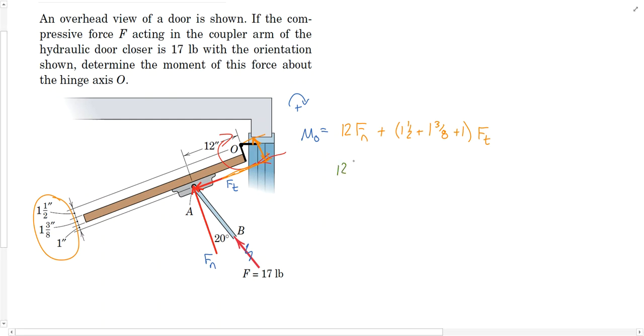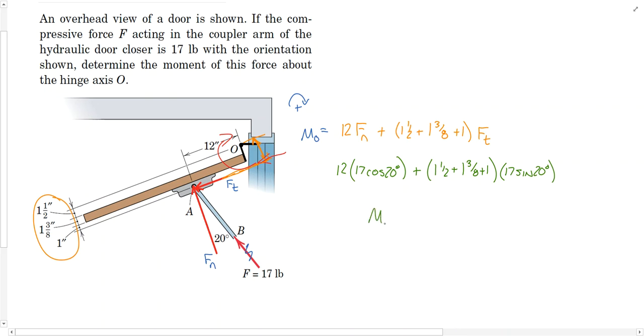So this is 12 times Fn, which is 17 times the cosine of 20 degrees, plus 1.5 plus 1 3/8 plus 1 times Ft, and Ft is 17 times the sine of 20 degrees. And that's it.